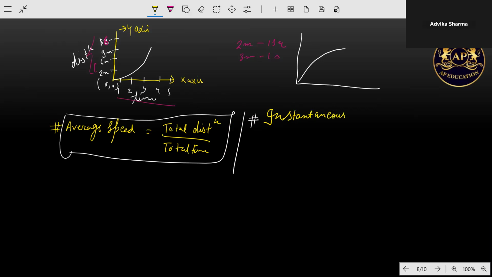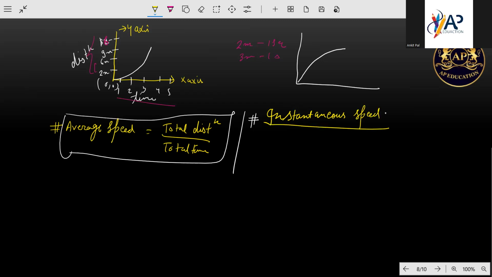that is distance over time, right? But there is a little bit of change. The formula is the same, but the concept is a little different. Suppose I am driving a car.